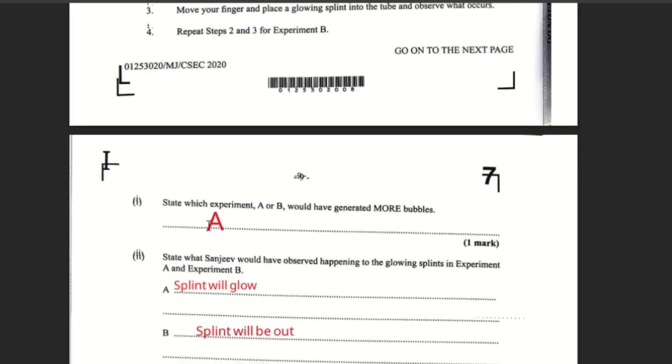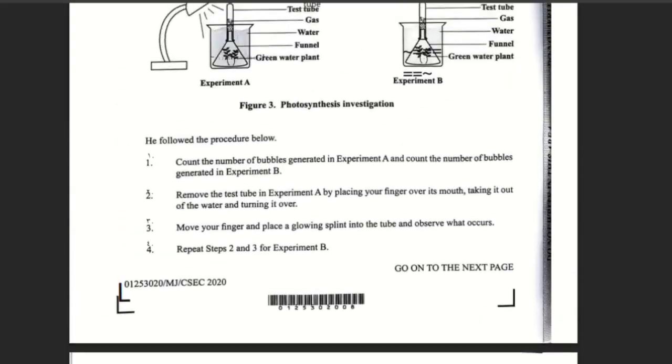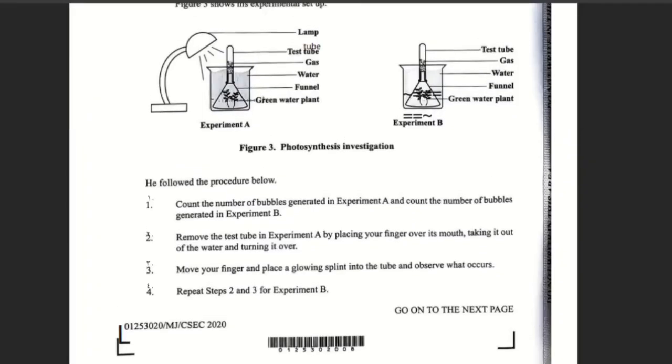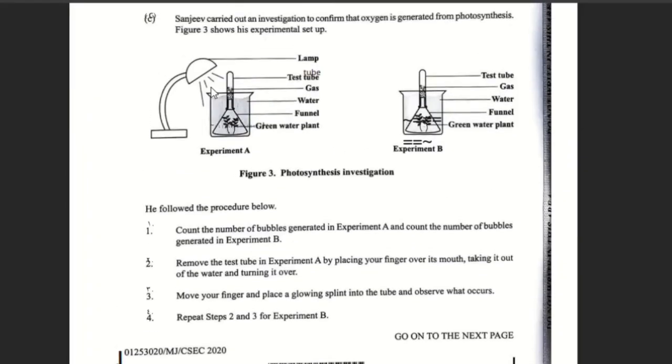Alright, so now state which experiment, A or B, would have generated more bubbles. Experiment A would have generated more bubbles, and the reason for that is experiment A had a light source. If we go back to the photosynthesis formula, experiment A had a higher light intensity, right?